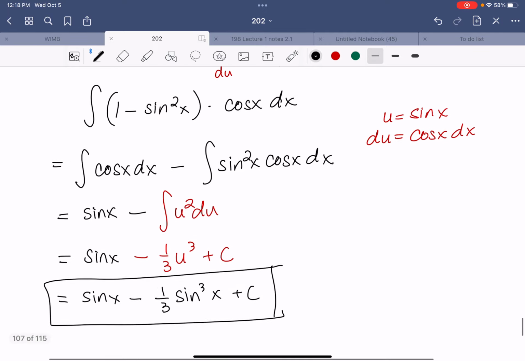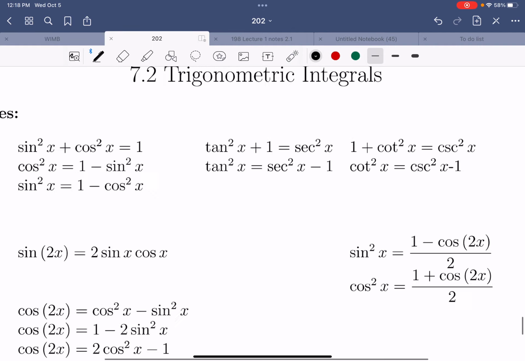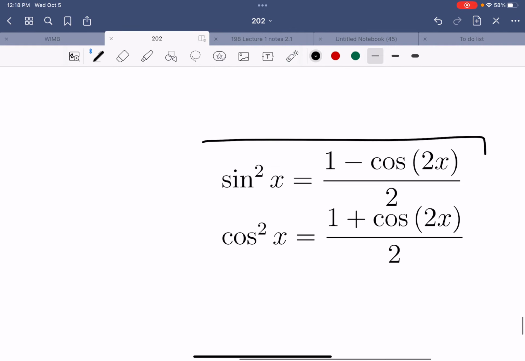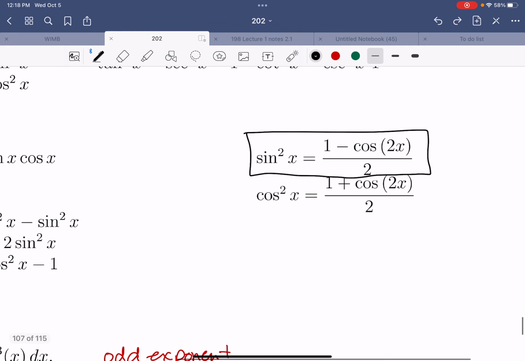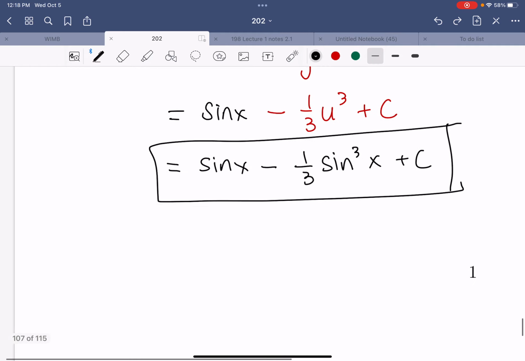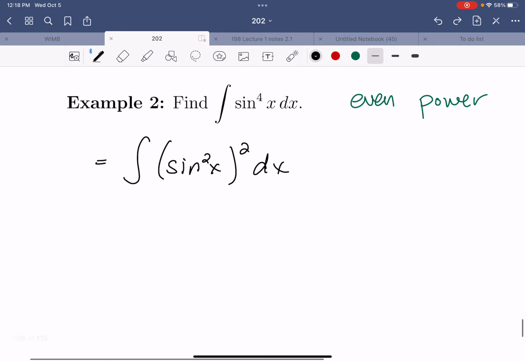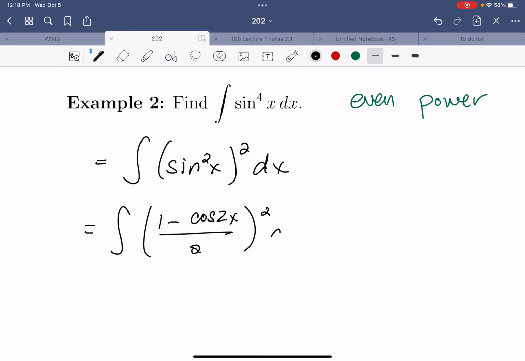So I'm going to go up here for sine squared, and I'm going to use this one, right? Because sine squared is tricky to take the integral of, but cosine of 2x is not. So I'm going to replace my sine squared with 1 minus cosine 2x over 2. So this is going to be the integral of 1 minus cosine 2x over 2, and I'm squaring it.